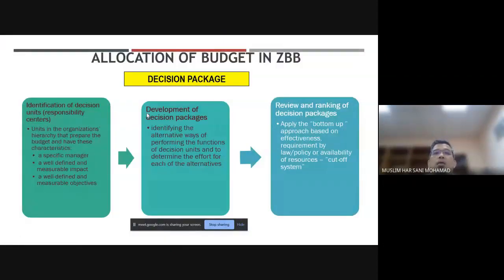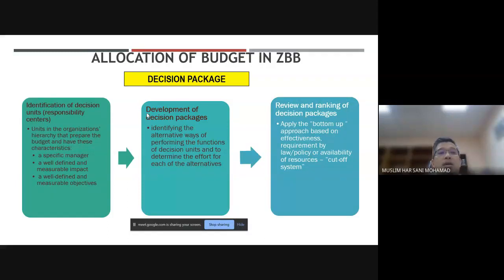Okay, the main feature under zero-based budgeting is what they call the decision package. In the decision package, you have to look at these characteristics. Identification of decision units, right? To understand it a bit more, it's like responsibility centers.